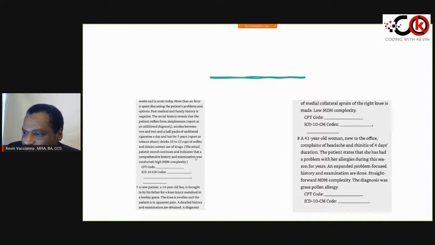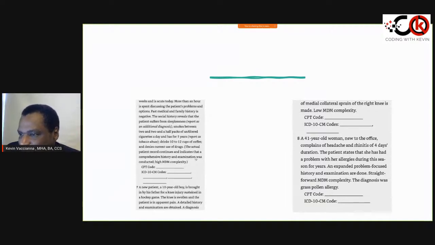Past medical and family history is negative. The social history reveals that the patient suffers from sleeplessness and smokes between 2 and 2.5 packs of unfiltered cigarettes a day and has for 5 years. He drinks 10 to 12 cups of coffee and denies current use of drugs. So they just went over past family and social history.